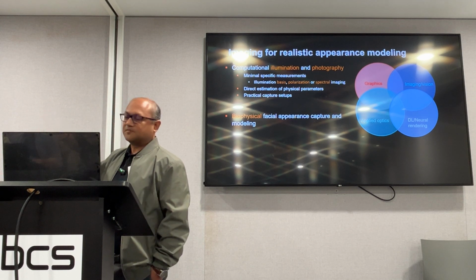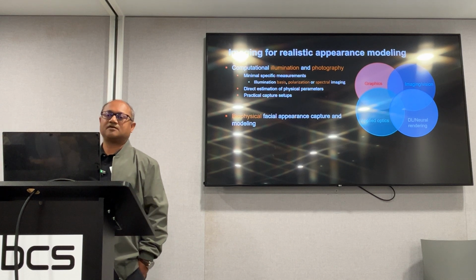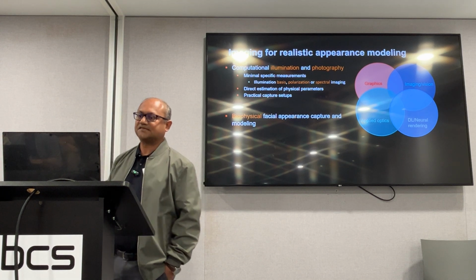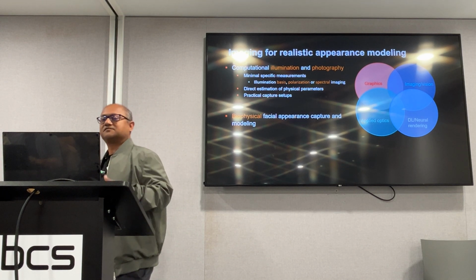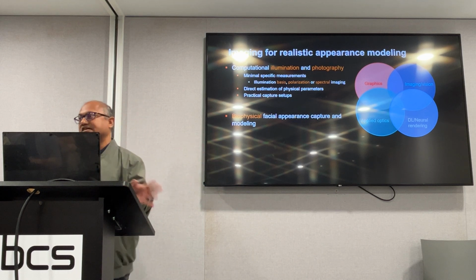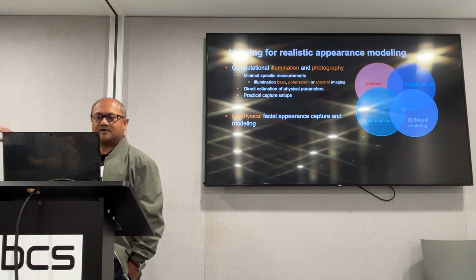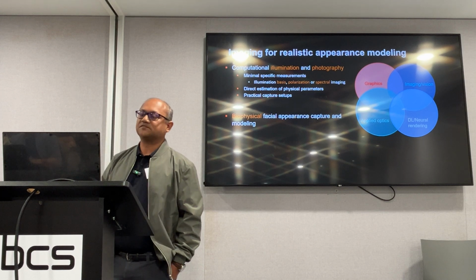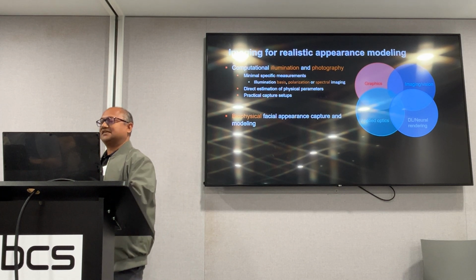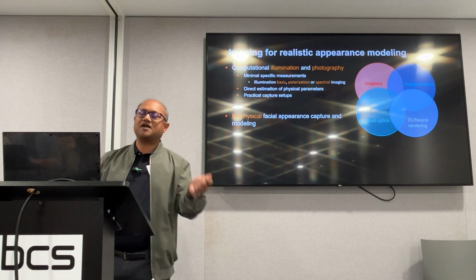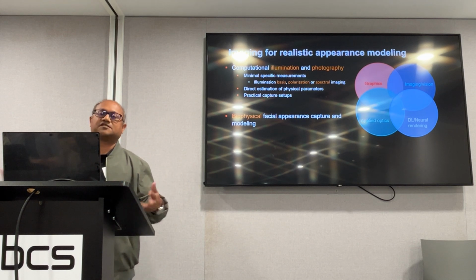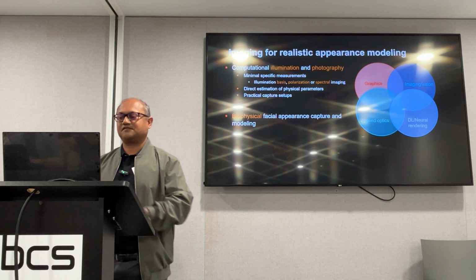This talk is going to present things that we focus on: different illumination basis design, different modalities of illumination, whether it's playing with the polarization or the spectra of it, and essentially, again, trying to arrive at practical capture systems. So we want to minimize the number of measurements and the hardware required to make those measurements as much as possible as we go along this journey of this talk.